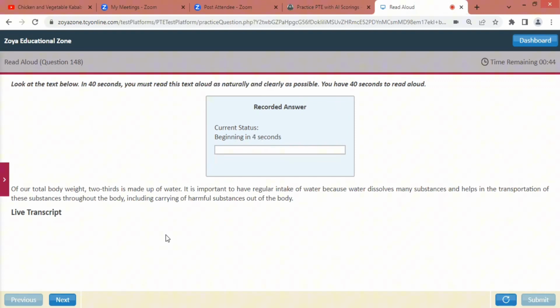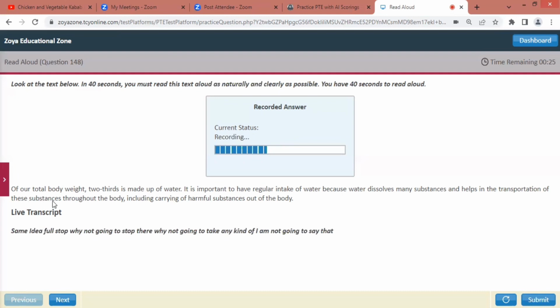After the beep, we just have to pronounce the same text and speak on the same idea. I'm of the opinion that at commas and full stops, we are not going to stop, we are not going to take any kind of pause. We are not going to break up carrying of harmful substances out of the body. No, it should be fair.